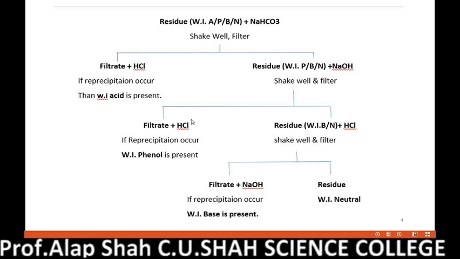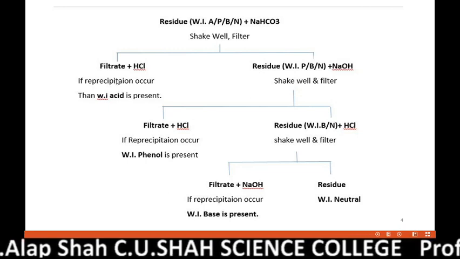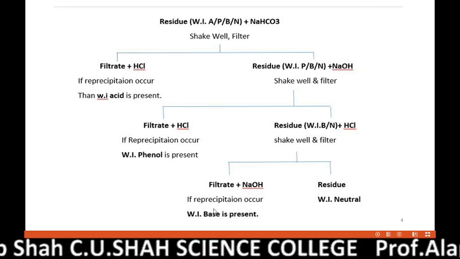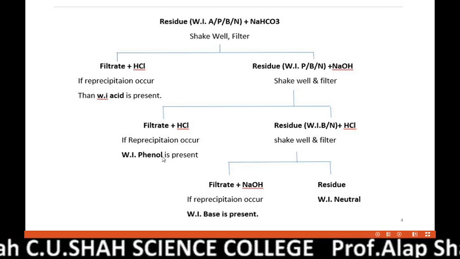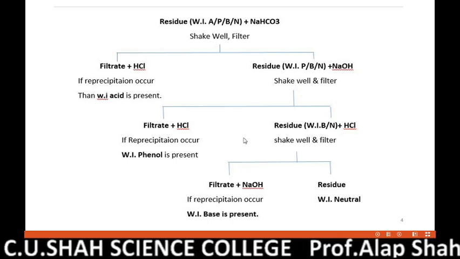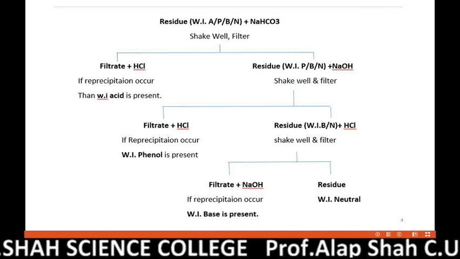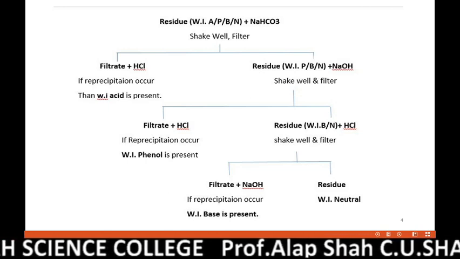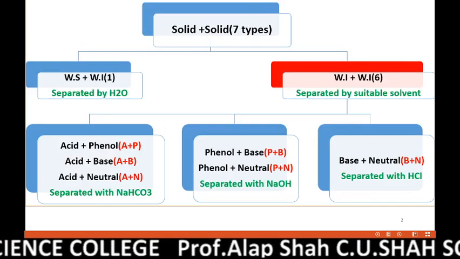If you are given acid and neutral, then you will get reprecipitation here. You won't get reprecipitation here for the phenol, nor for the base. So acid is present, phenol is not, base is not, then we can say that yes, acid and neutral is present. So friends, this is the way you have to identify the type of water insoluble compound or mixture.